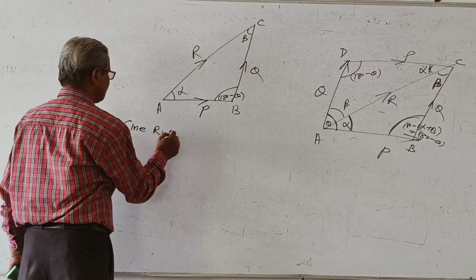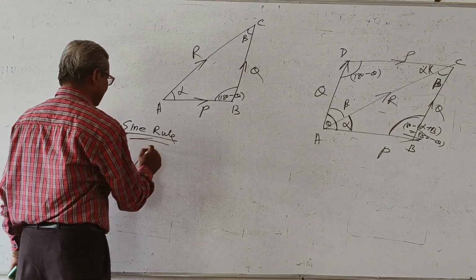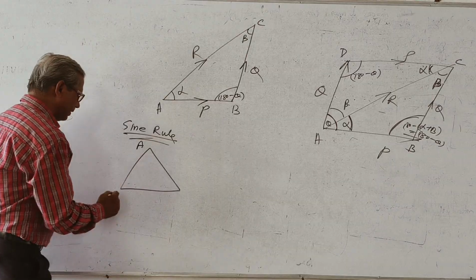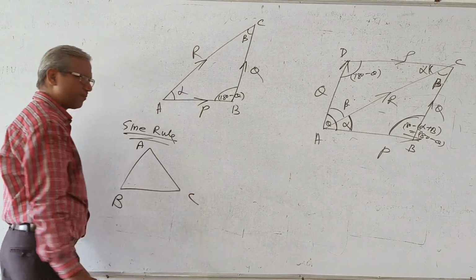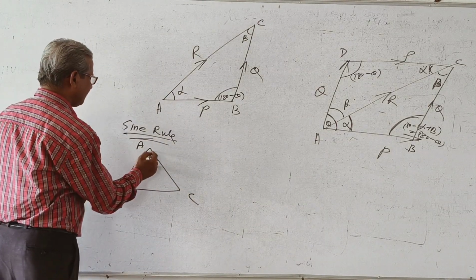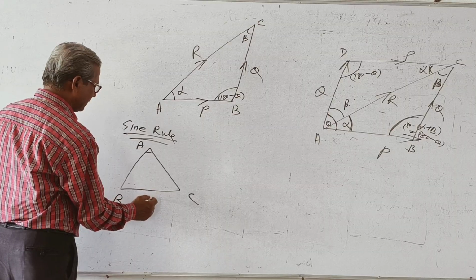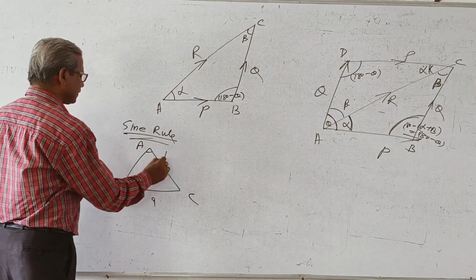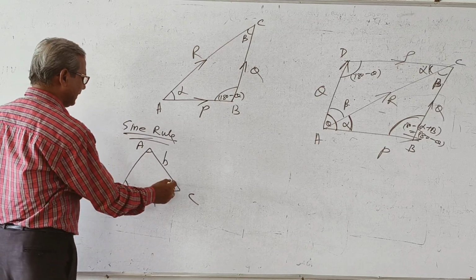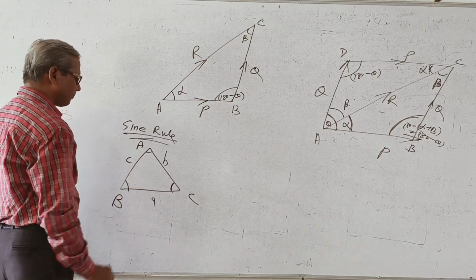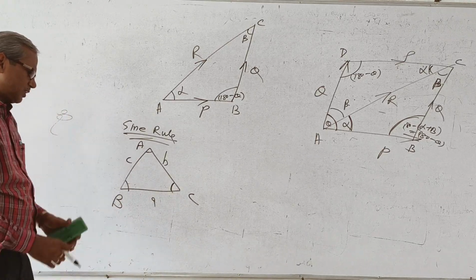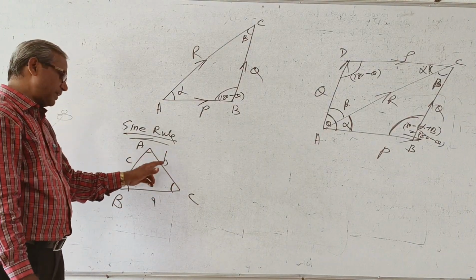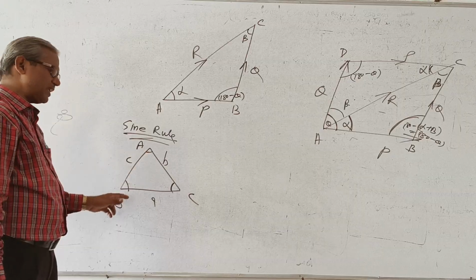In this triangle, small a represents BC, small b represents AC, small c represents AB.